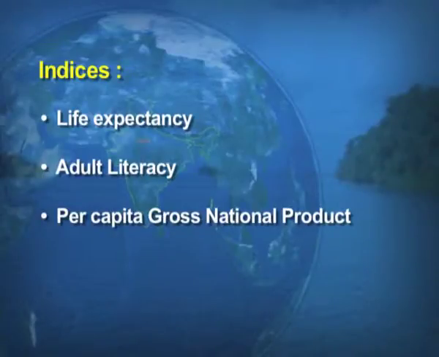Thirdly, we talked about the indicator that is the standard of living of the people, or the decent style of living. For that, the index is per capita gross national product. So, all the indicators of human development are based on a certain index.